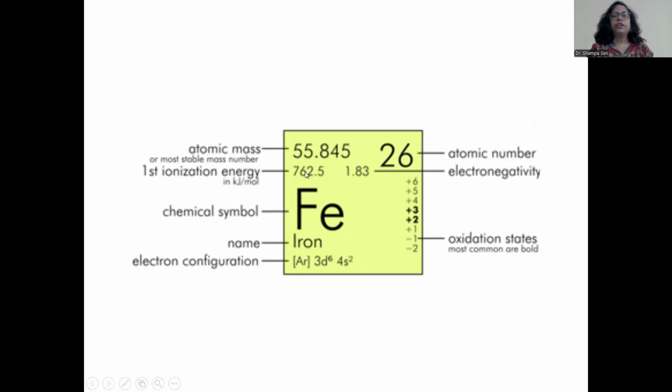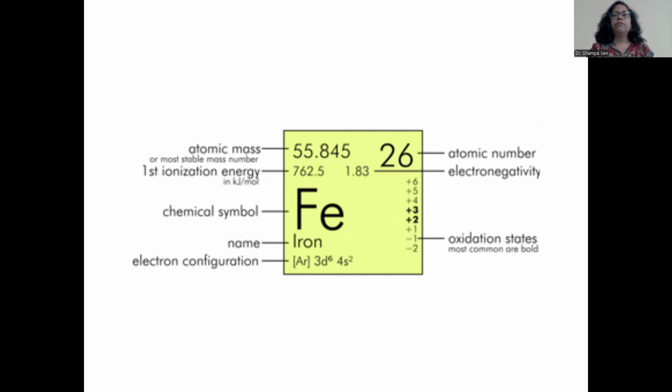First ionization energy is given in the left corner, second from the top, 762.5, and 1.83, second from the top on the right side, is the electronegativity. What are these?